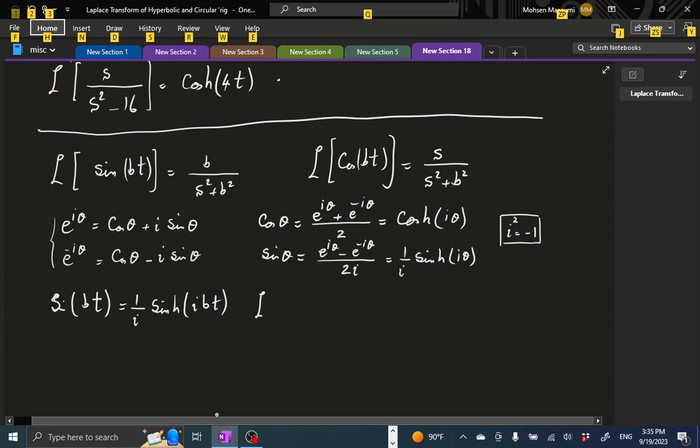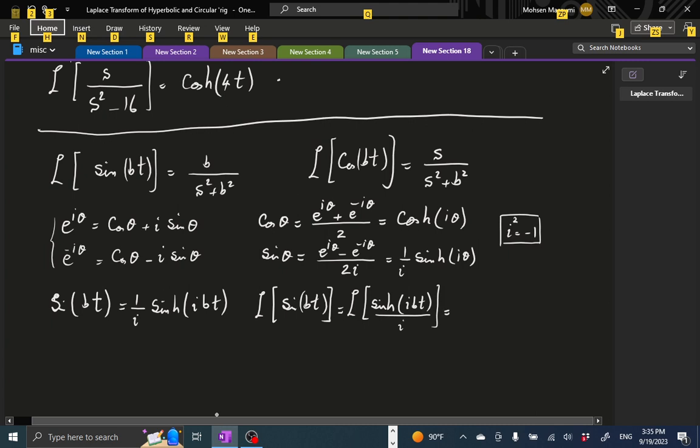So Laplace transform of sine of bt, after that we want to establish this formula. I can say, well, Laplace transform of sine hyperbolic of ibt, but divided by i.